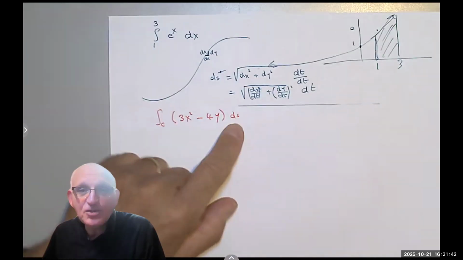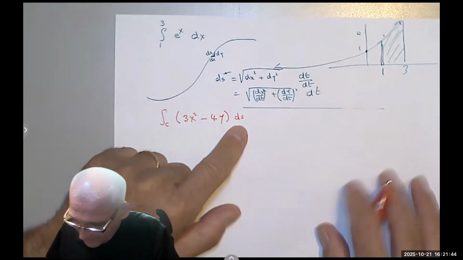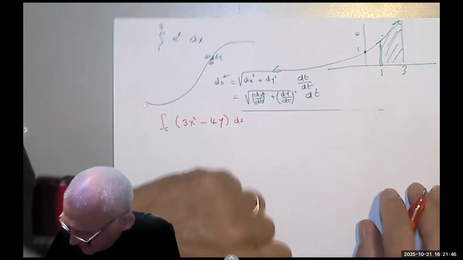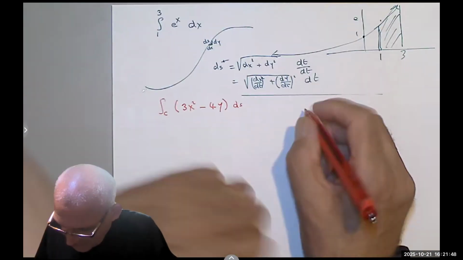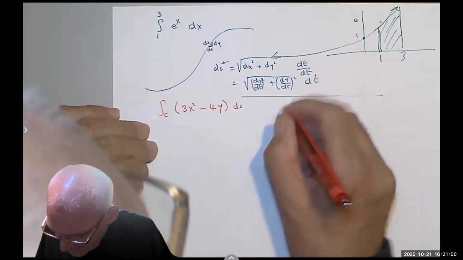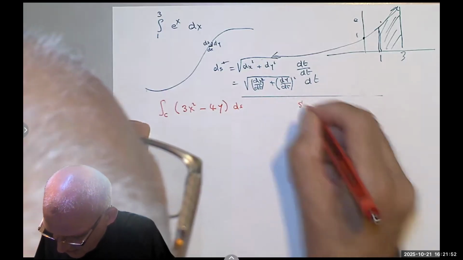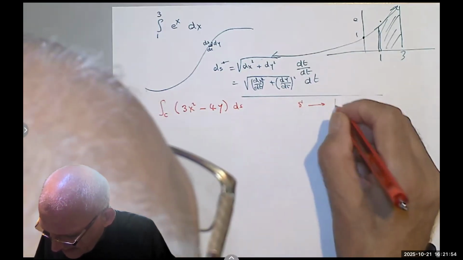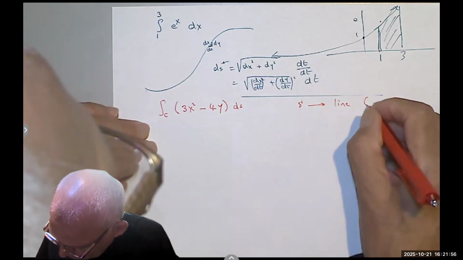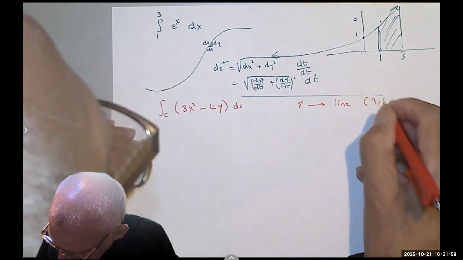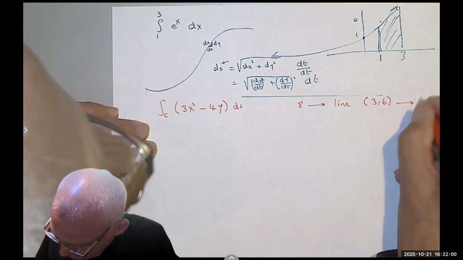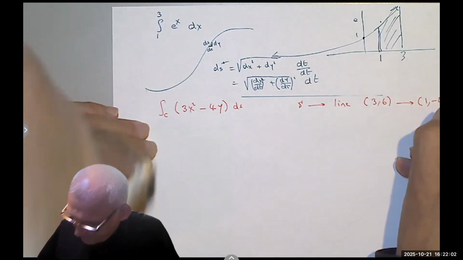And then I have to tell you what the curve C is, right? The curve C is a straight line joining two points, 3, 6 to 1, -1.